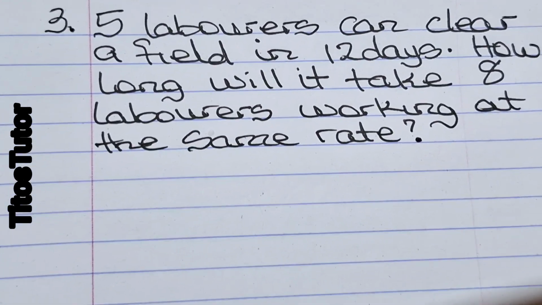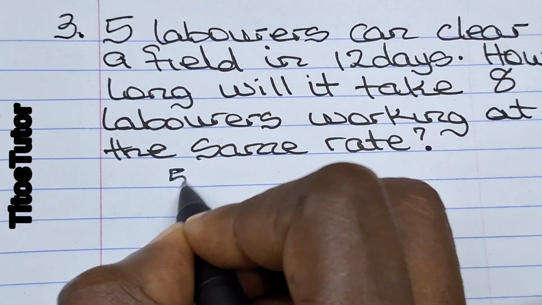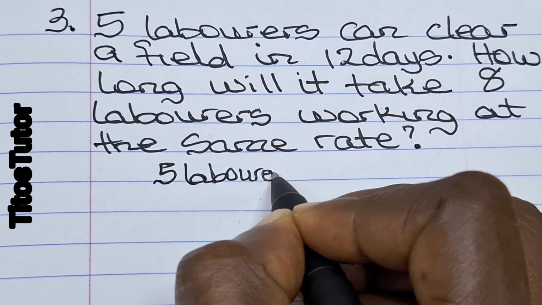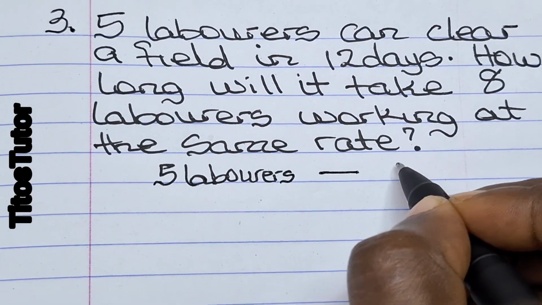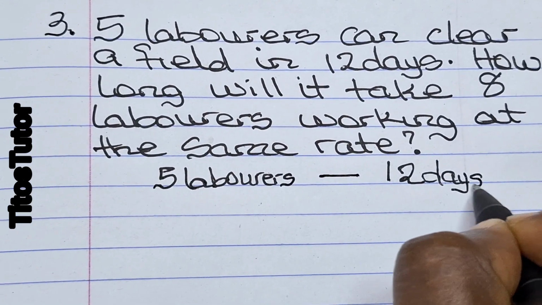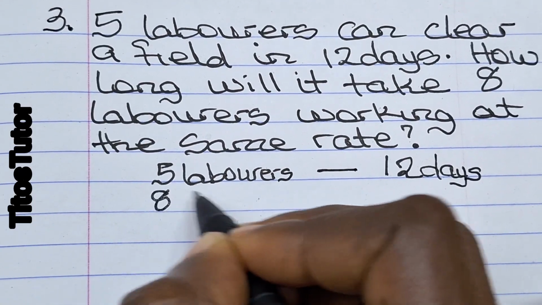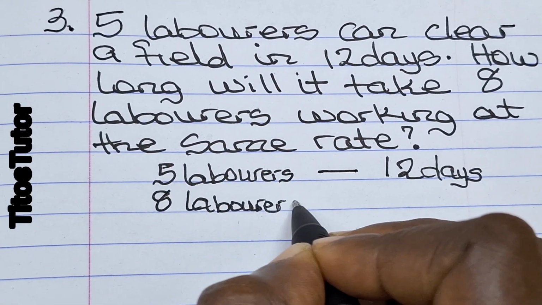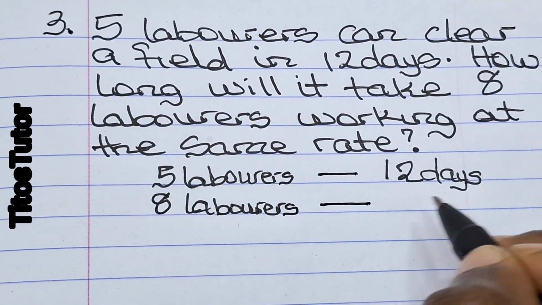So you go 5 laborers do the work in 12 days. Now 8 laborers, they want you to find 8 laborers working at the same rate.